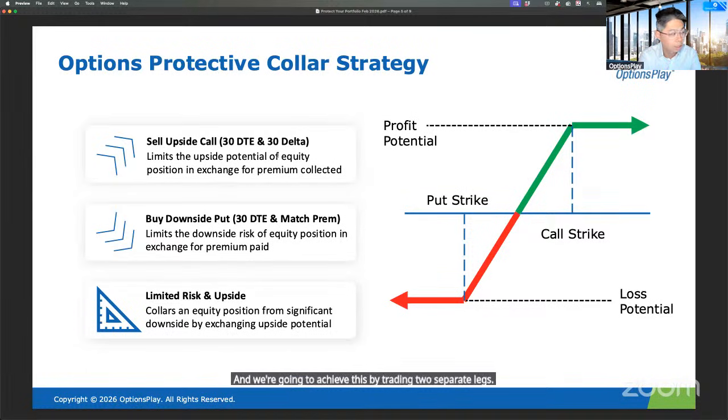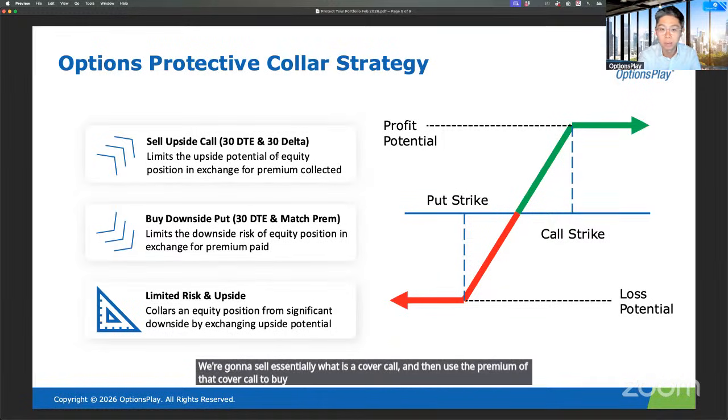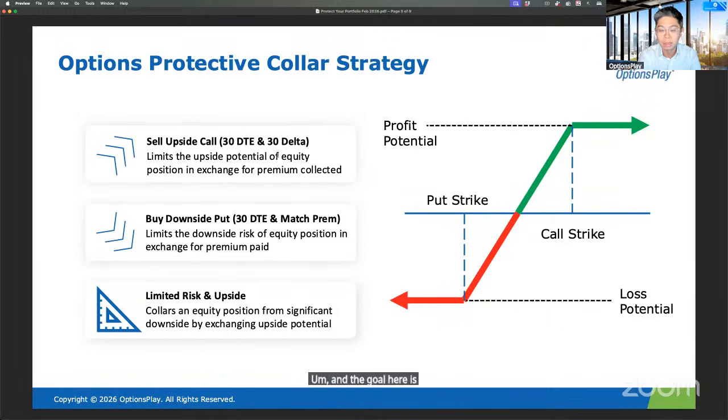We're going to sell essentially a covered call and then use the premium of that covered call to buy a downside put. And the goal here is to try to do that at essentially zero cost so that you get the downside protection without having to pay 2-3% of the stock's value to get that downside protection.